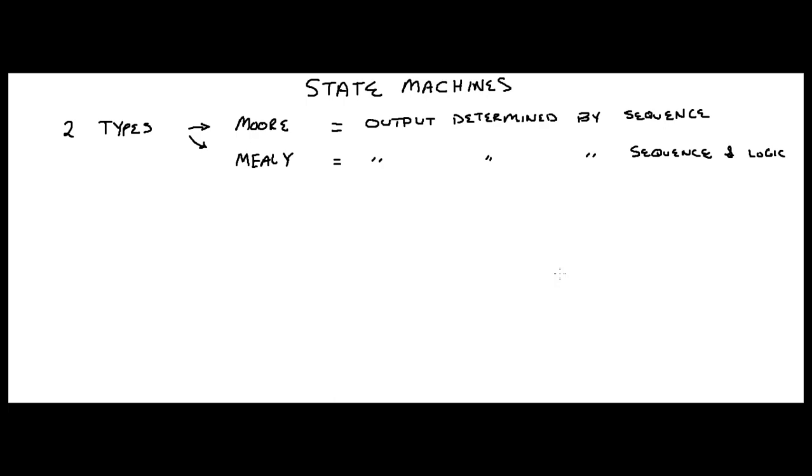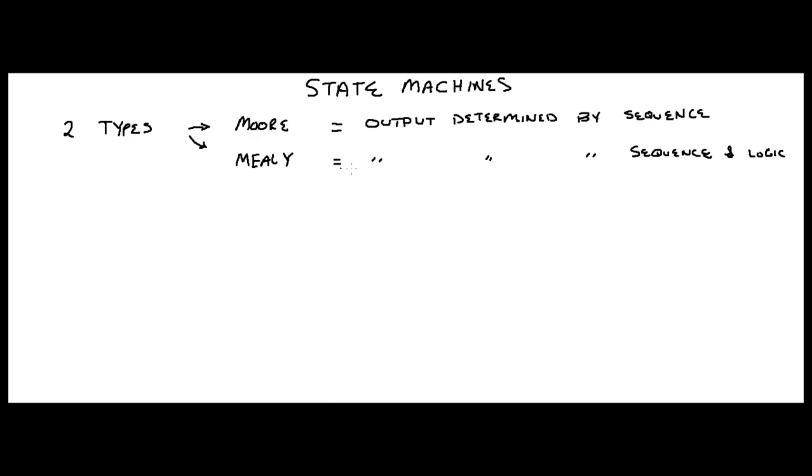When you understand state machines, you literally can make a digital circuit to do almost any kind of logic you want. It's pretty fantastic, a very good tool to have in your tool belt. First, there are two types, the Moore and the Mealy. In the Moore type of state machine, the output is determined by sequence.